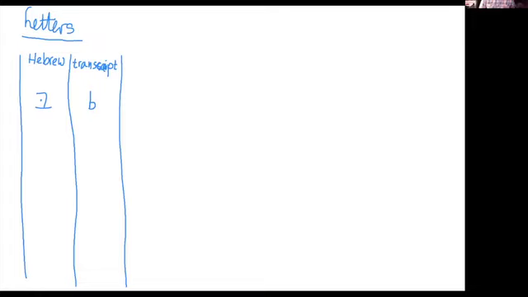And the letter bet, let's go for the list. Where's my list? And the B without a dot is transcribed like this. You see the difference? So you have the letter B with this little dot, that's called a dagesh.